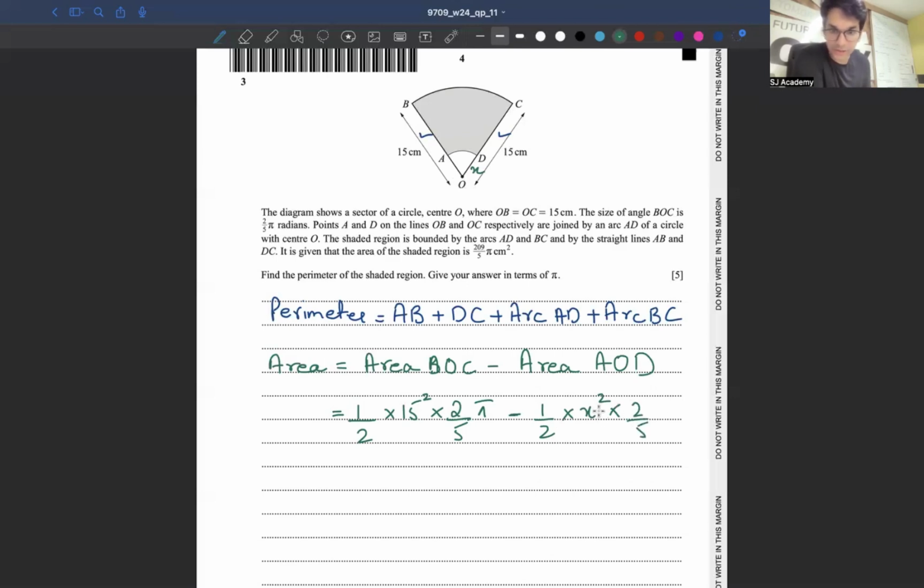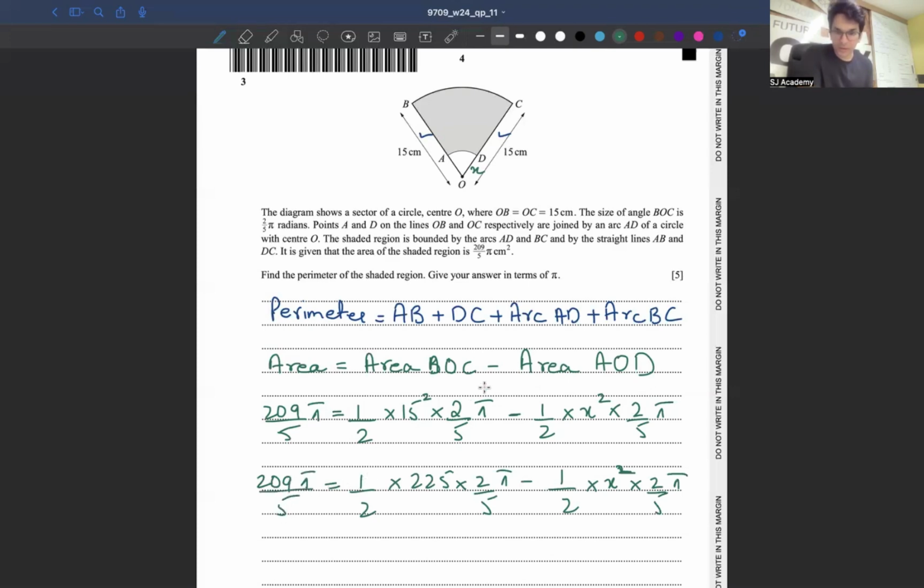And we know that this difference will be equal to the area of the shaded region, which is 209 upon 5 pi. Now, simplifying this, we know that 15 squared is 225. So 225 into 2 upon 5 pi minus half into x squared into 2 by 5 pi is equal to 209 pi by 5.